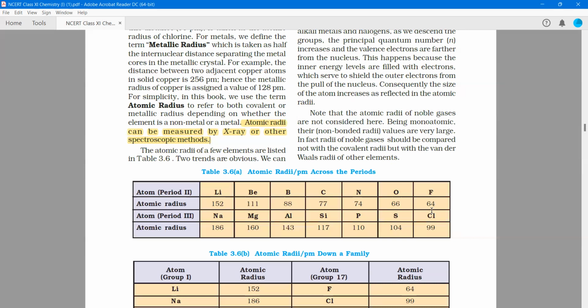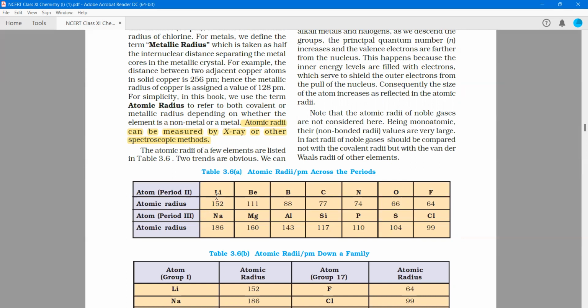Hence the overall Z effective from the nucleus is increasing, and that is why the electrons are pulled more towards the nucleus. The attractive force between the added electron and the nucleus increases when you go from left to right. Hence, there is a decrease in the radius, which can be seen from table 3.6 also.